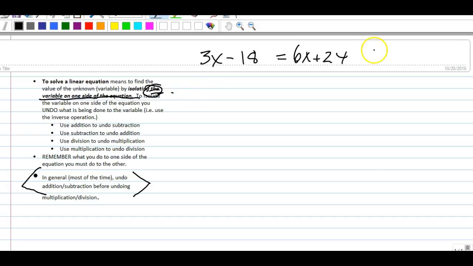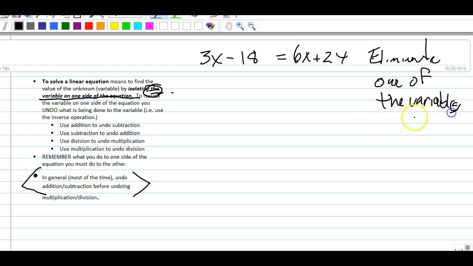So when you have a variable on both sides of the equation, you eliminate one of those variables by adding or subtracting it out.